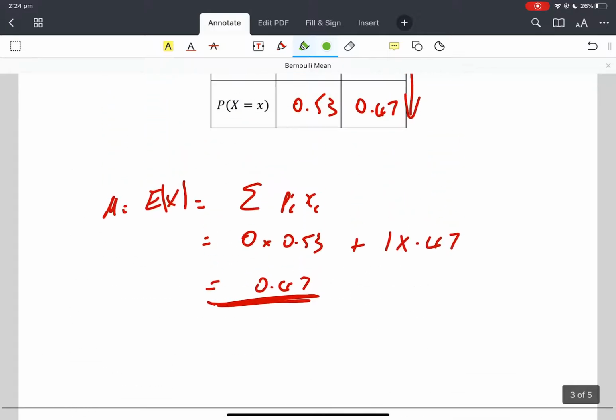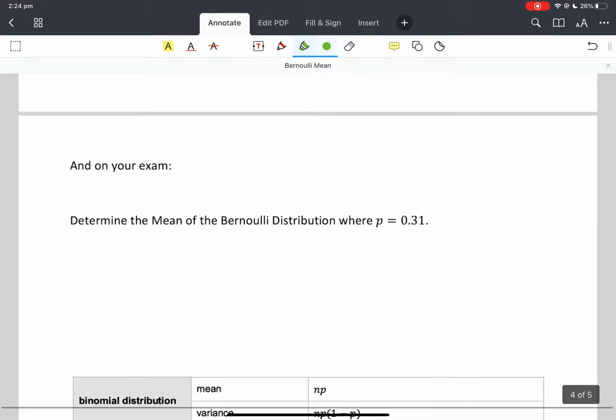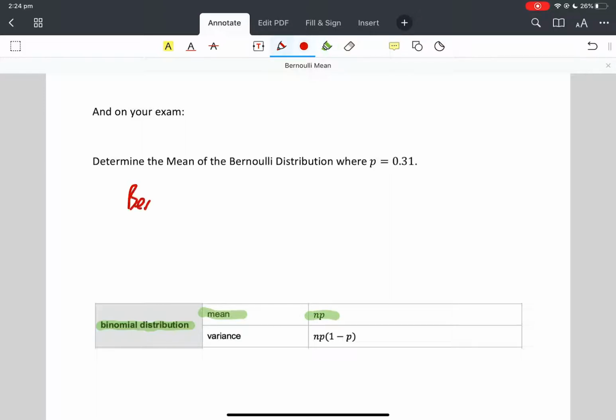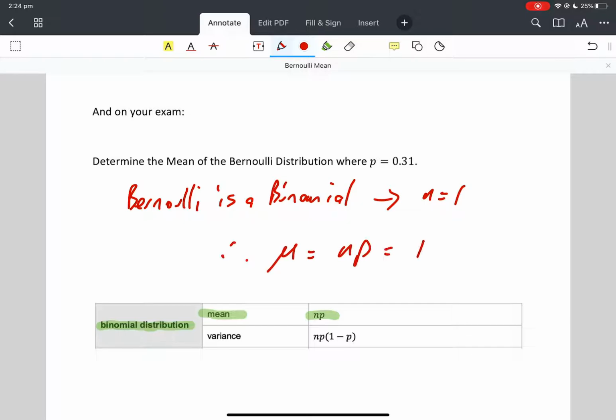On your exam, given that it's so easy, you're allowed to go, hey, I've got a rule for that. There's a binomial distribution that says the mean is np. So you can go, Bernoulli is a binomial where n equals 1, therefore mean equals np equals 1 times 0.31 equals, there's our mean.